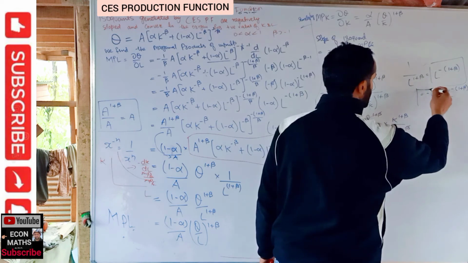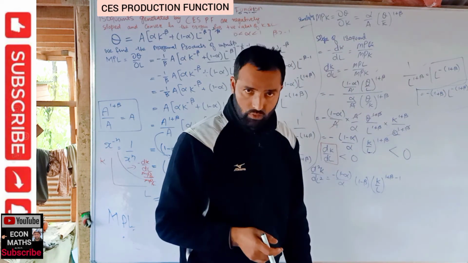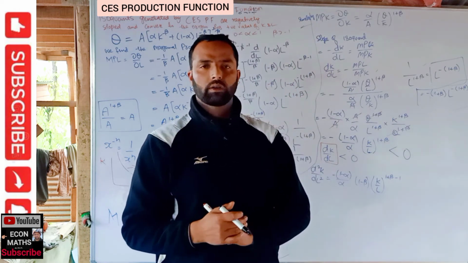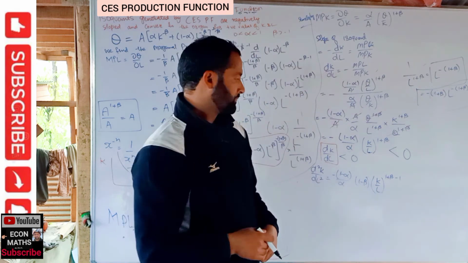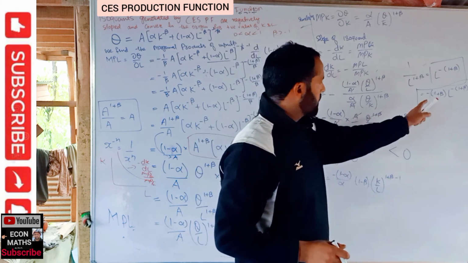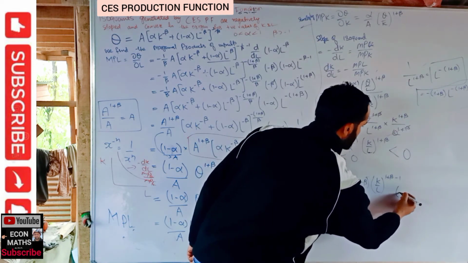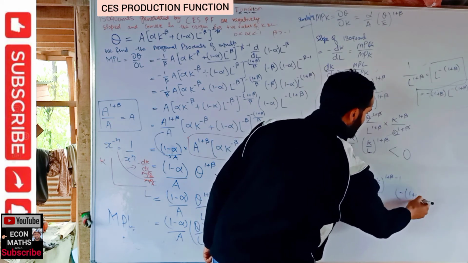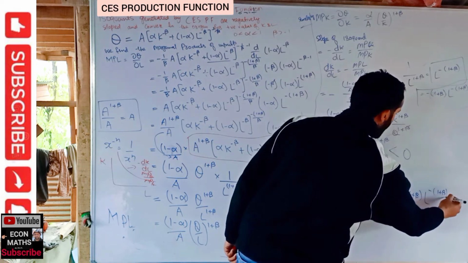First we have used the generalized power function rule: the exponent becomes the coefficient, and the exponent is subtracted by 1. And we differentiate this L again. Differentiating this L will give us this very value, which I have shown you here. This is minus 1 plus beta, L to the power minus 1 plus beta minus 1.